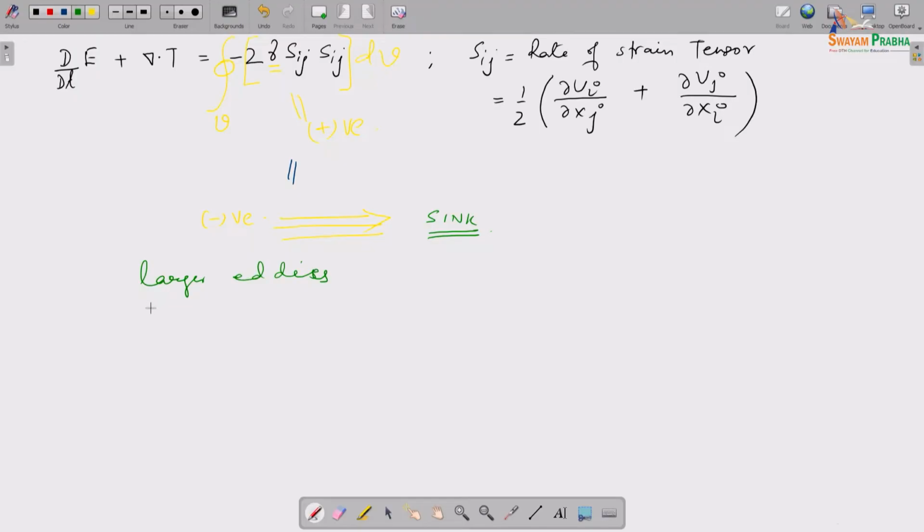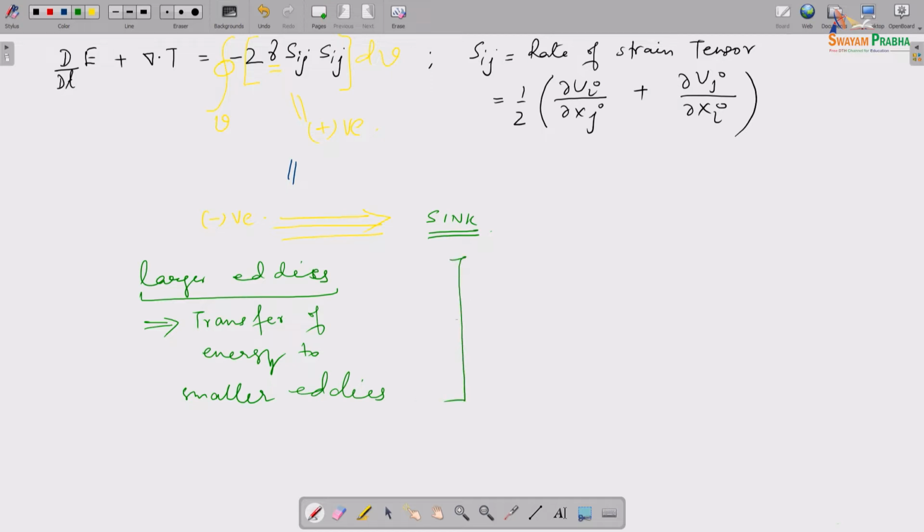Okay, the inertial subrange. So when we have larger eddies, there is the transfer of energy to smaller eddies. And how long is this going to go on? Till we reach a length scale where this is not going to happen.